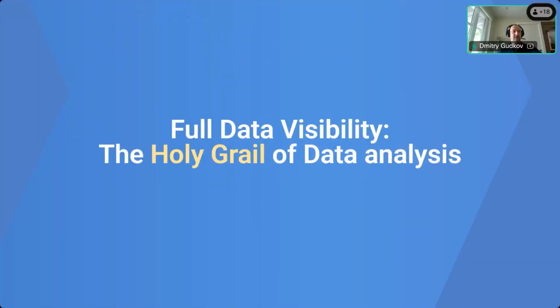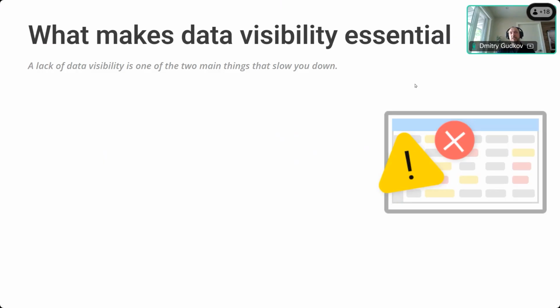Today we will talk a lot about Tableau, EasyMorph, and data preparation. But before we start talking about it, I would like to start with data visibility. What's data visibility and why I think, well, that's my subjective opinion, but I think it has a point, why data visibility is the holy grail of data analysis. Well, first of all, what's data visibility?